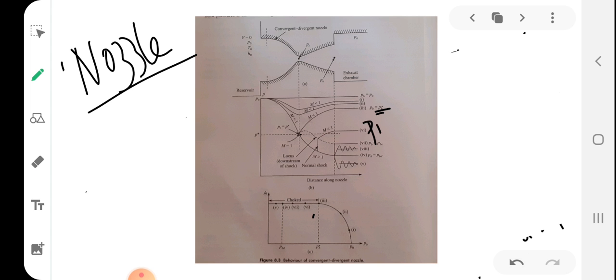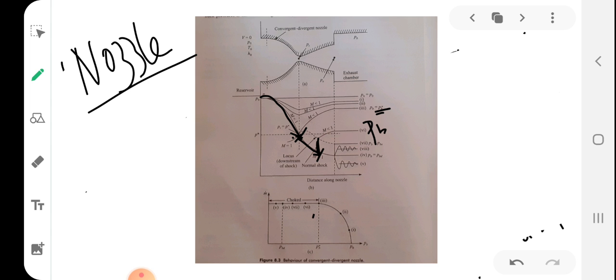The flow comes, the pressure gets reduced like this, and at the throat it will become P star and Mach number will become M1, and again pressure gets reduced and velocity gets increased, means Mach number is increased, and at a particular length you can see a normal shock. So this is the normal shock.